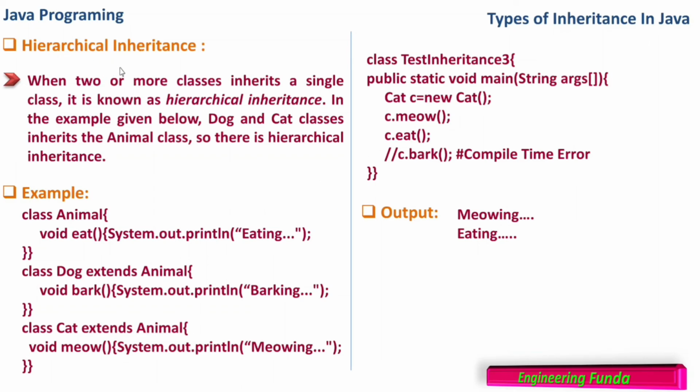Therefore, multiple inheritance with respect to extending classes is not possible. But yes, multiple inheritance is possible with the concept of interface, that we will see in detail when we see the topic of interface in the Java programming playlist.